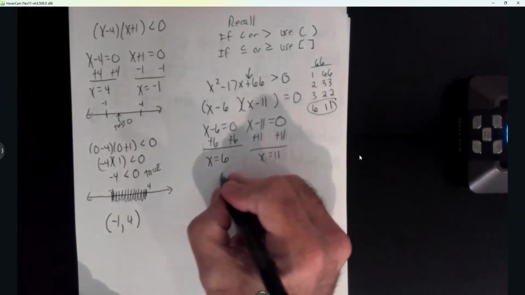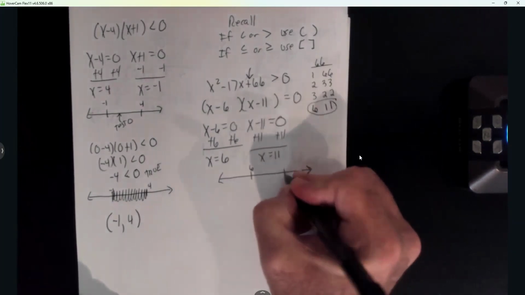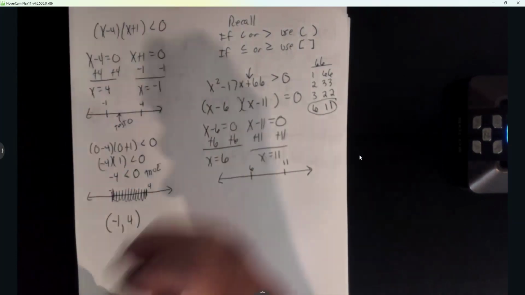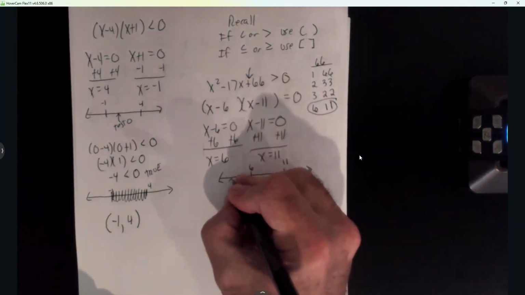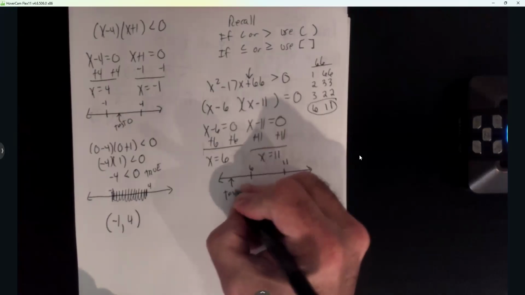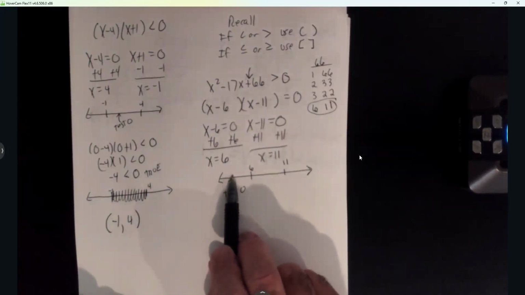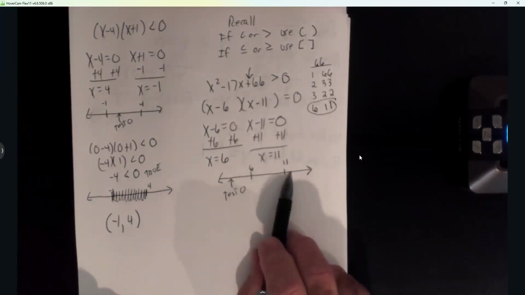So here's my number line. It's 6 and 11. Now me, I'm still going to test 0. So 0 is before 6. So that means 0 is over here somewhere. If it's true for 0, I'm going to shade the first section and the last section. They always go together.